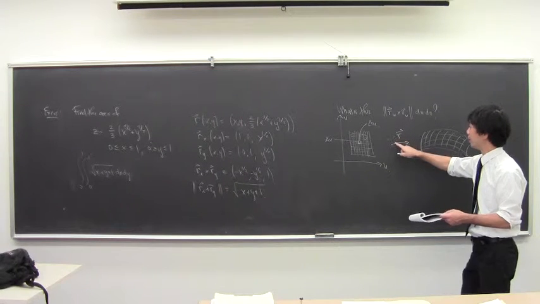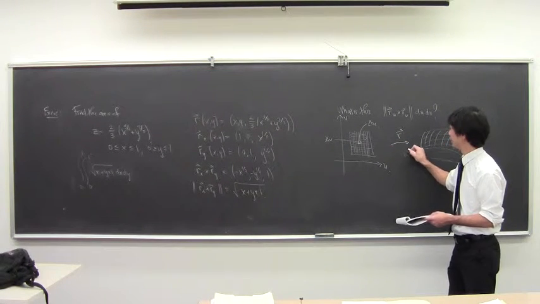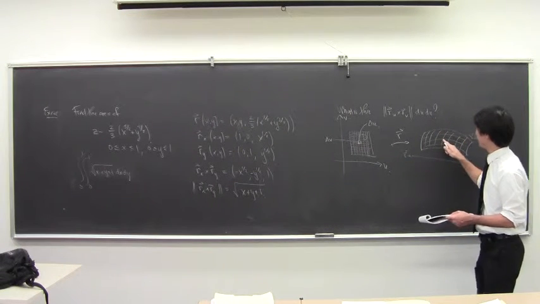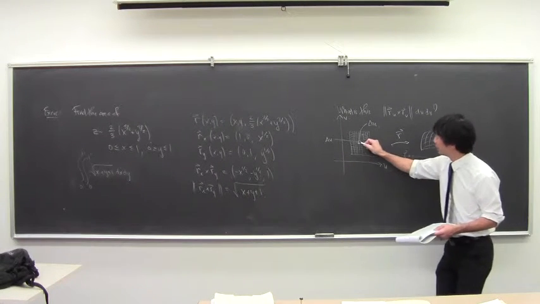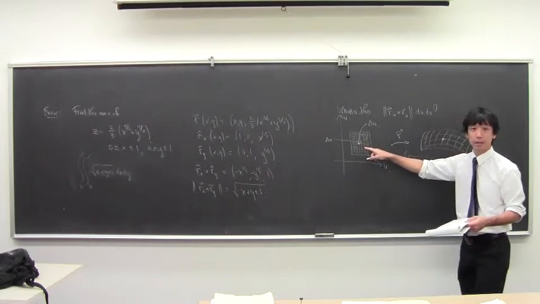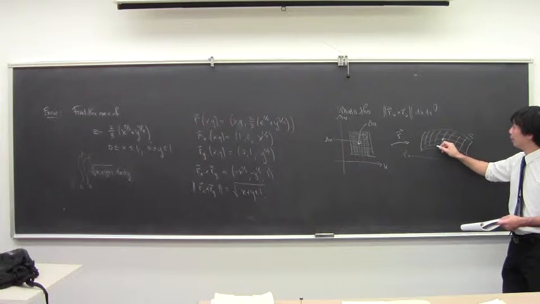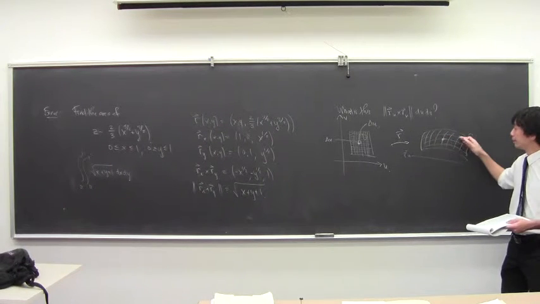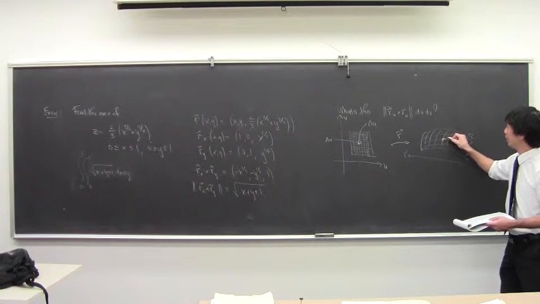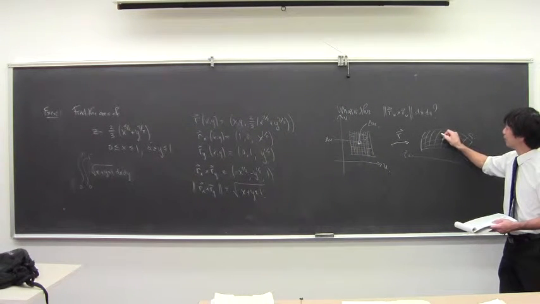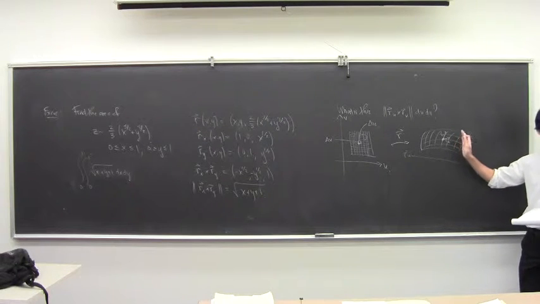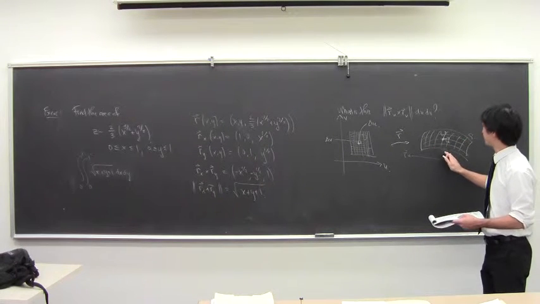If you take R_U, that is the slope, that is the tangent vector. Let's take this point, and say that this point is R of this corner here. Then R sub U is going to be the tangent vector in the U direction. Let's say that these things are the grid lines. So here is R sub U, and this thing is R sub V. You get these two tangent vectors.